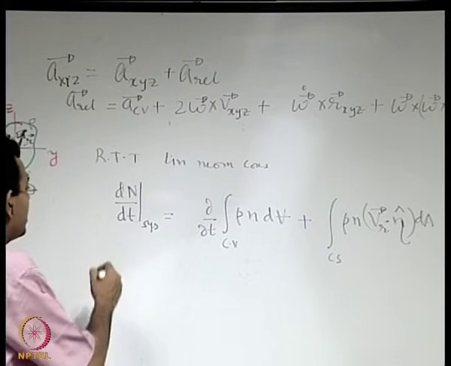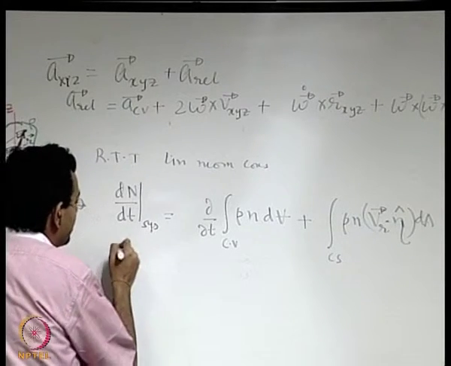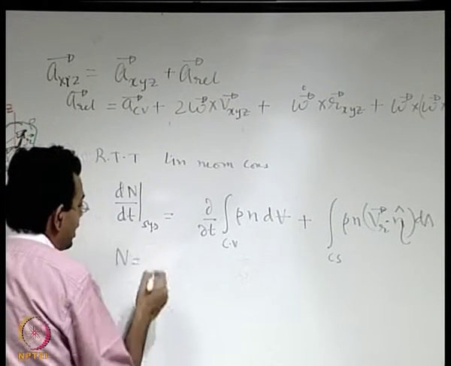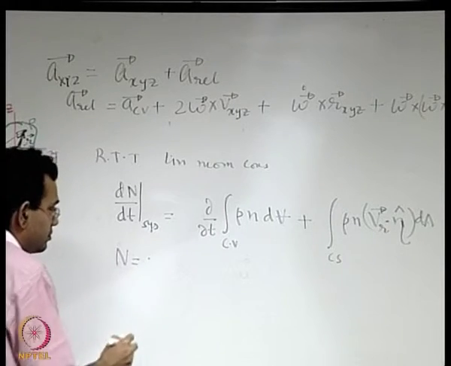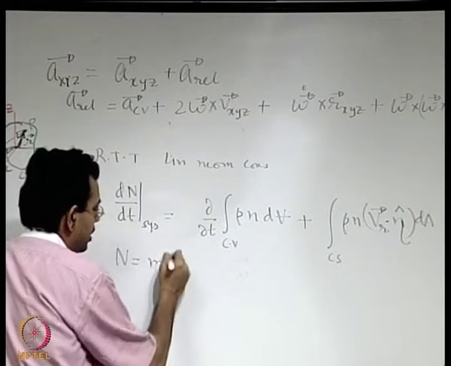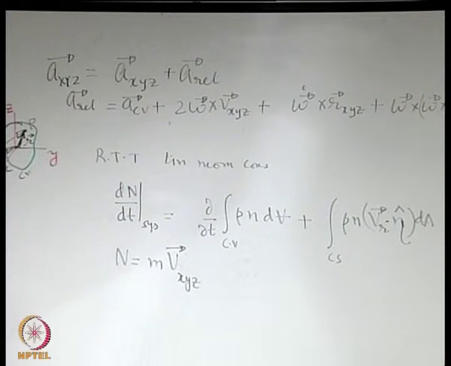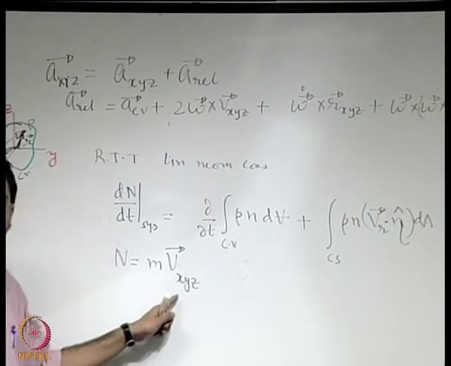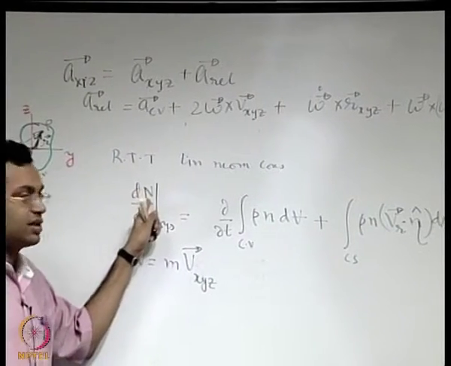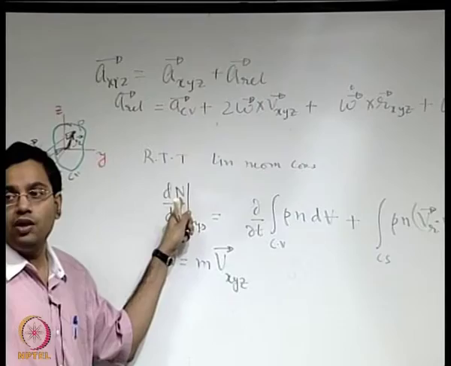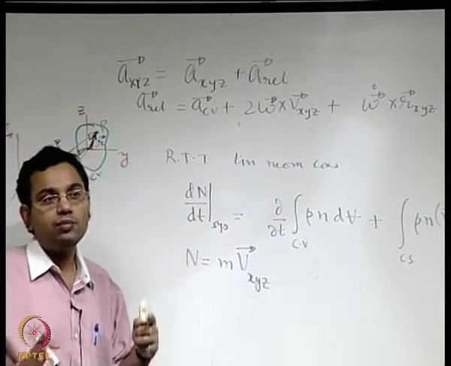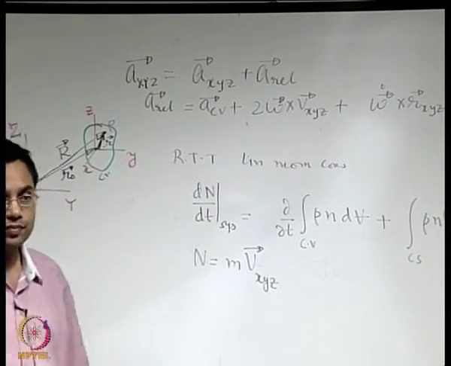So, we can as well write, say, capital N as m into V small xyz as an example. Nothing restricts us from doing that, because it is just some quantity that we were looking for. It may be linear momentum relative to any reference frame.